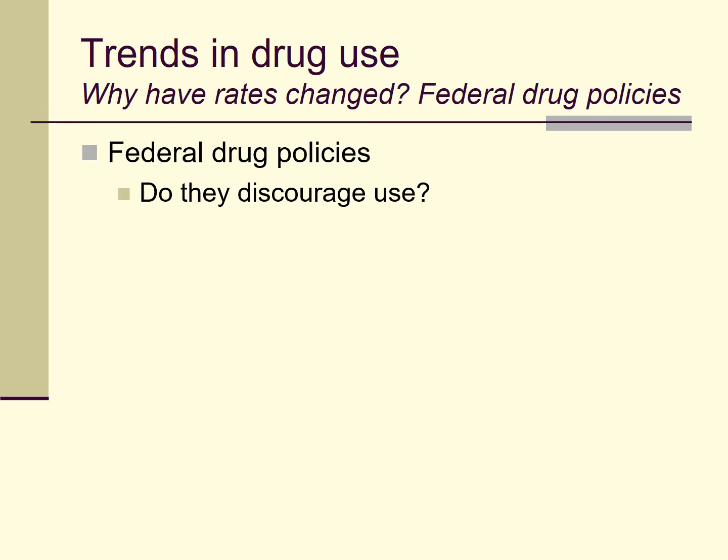What about changes in law, especially drug policies, the way we prosecute crimes associated with drug use? And maybe we'll focus here especially on federal drug policies. Do they discourage drug use?